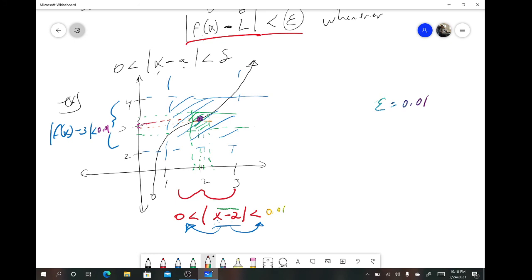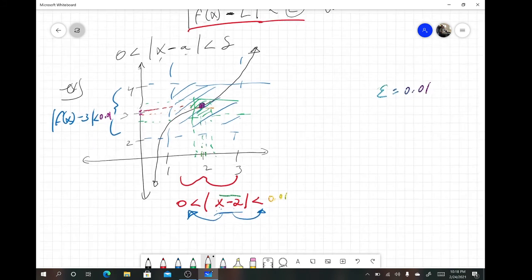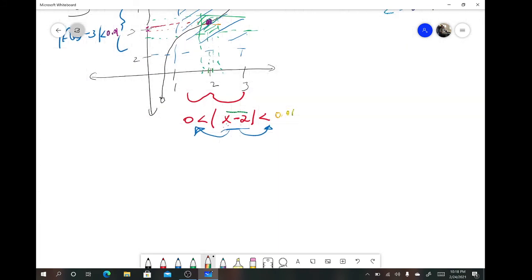Now, what if you were given another function? Let's say you're given 6x squared plus 12x minus 5.